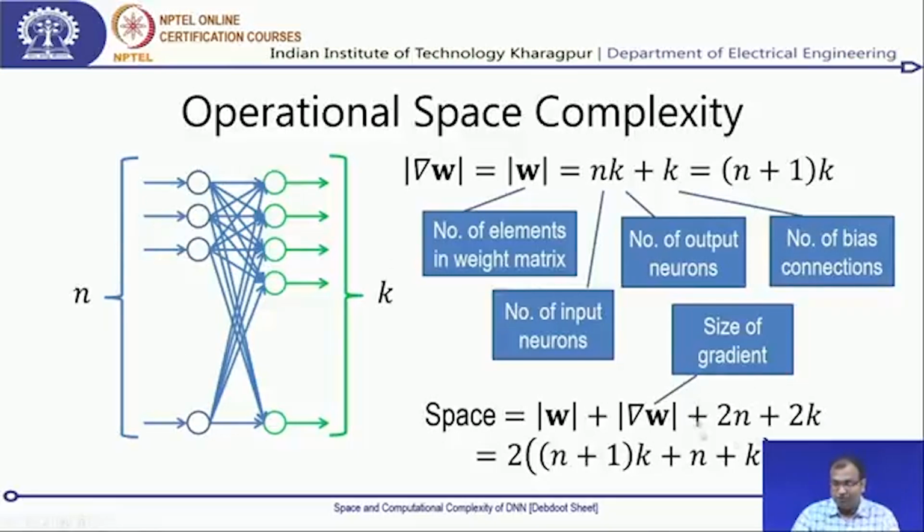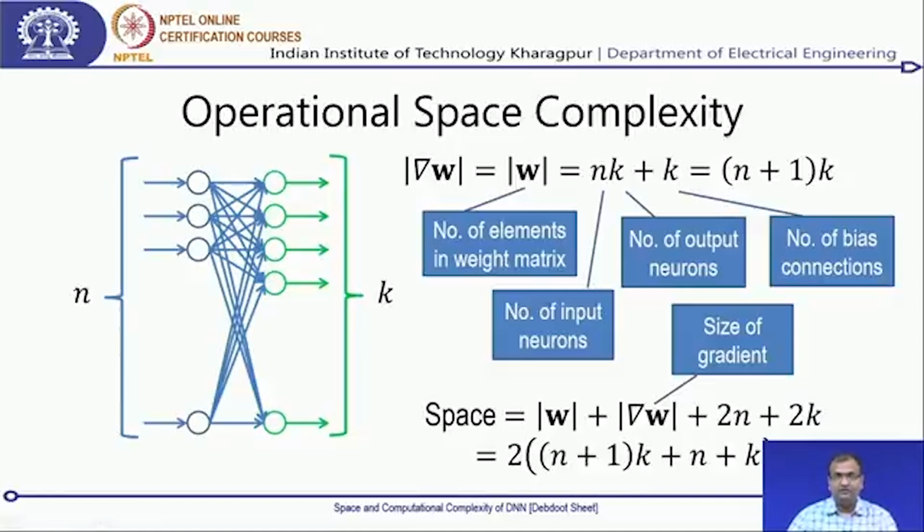So, that is 2n amount of space which it would take, and there are these k outputs which go down over here, and then you have the nonlinearity or your backprop activation going down over there. So, your backward calculation over there is going to take 2k amount of space. So, this together sums up as 2(n+1)k + n + k, which is what you have as your total operational space complexity required for this operation.